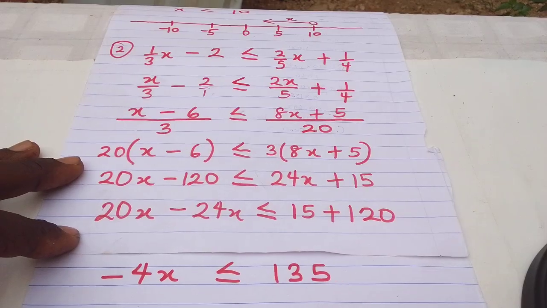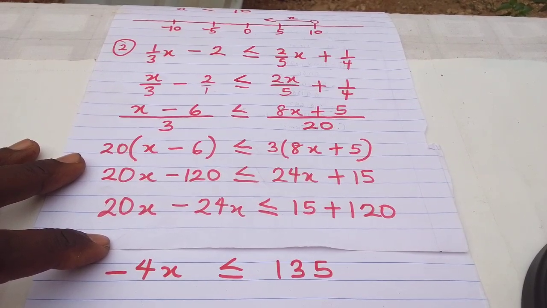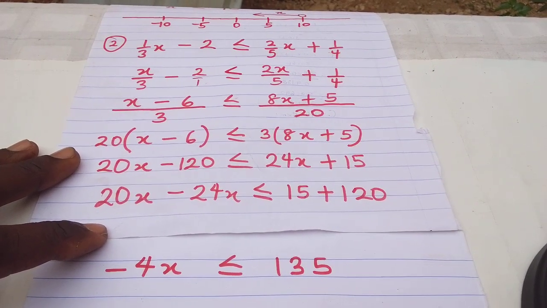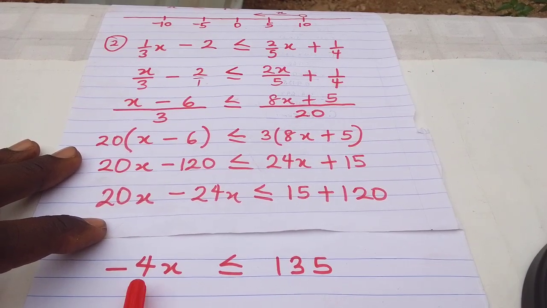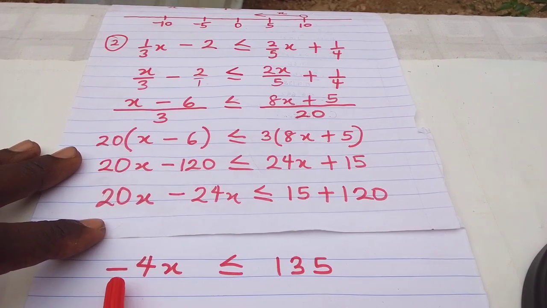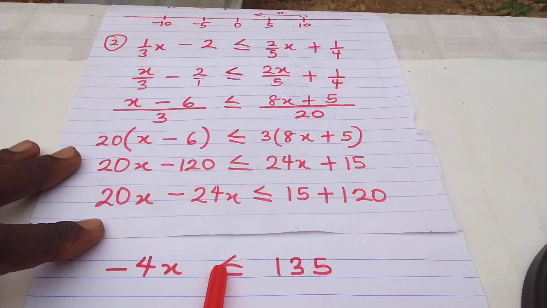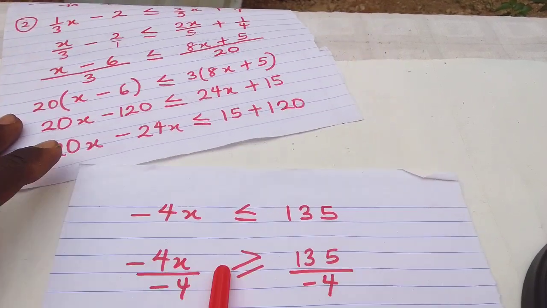Because of that, we will divide both sides by a negative, by minus 4. And you should note something. Whenever you are dealing with inequality, anytime you are to divide by a negative value, the sign here, where you are having less than or equal to, will change to the opposite sign.